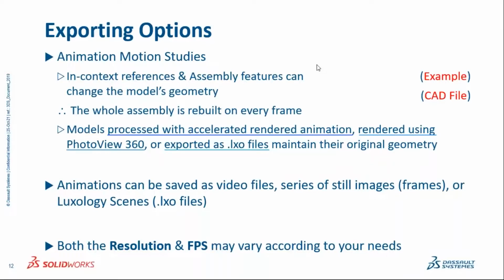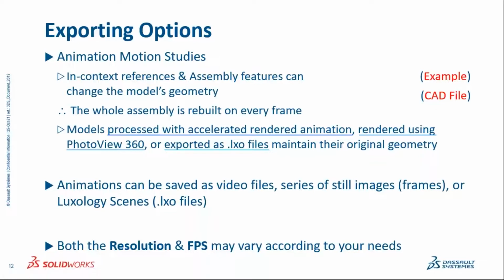It's going to take way longer because I increased the resolution. The same goes for frames per second. If I make an animation that's like 30 frames per second, it only has to rebuild itself 30 times in a second. But if I make it like 60 frames per second, it's going to take way longer to export. Okay.